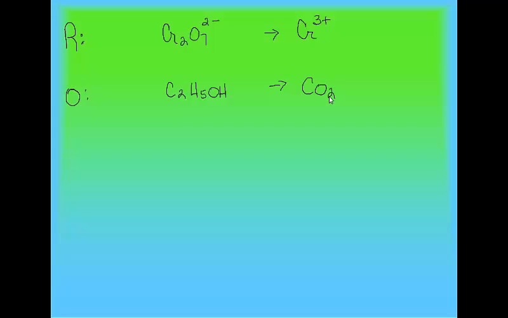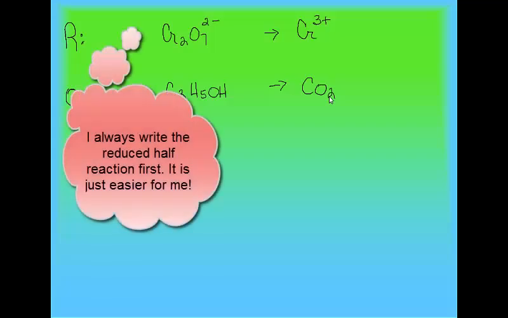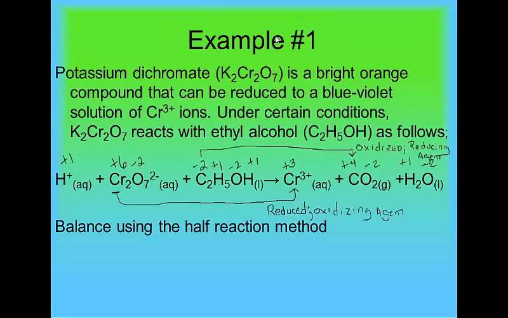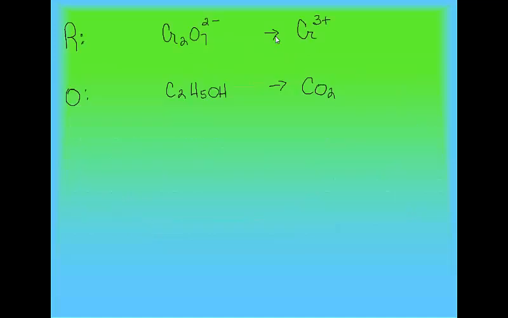Alright, so I rewrite the two half reactions, and you will find me always doing the reduced. Okay, step 1, I assigned oxidation states. I figured out what substance was being reduced and what is being oxidized. I always put them in that order. And I rewrote the two half reactions. You will notice I'm only interested in these substances. The chromium ion went from the plus 6 to the plus 3, and the carbon in the ethanol went from a -2 to a plus 4. So that's all I'm interested in.